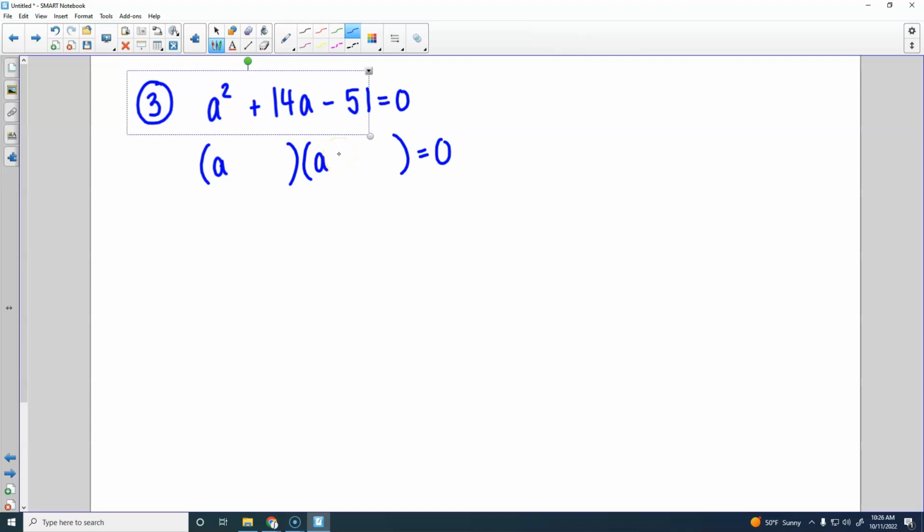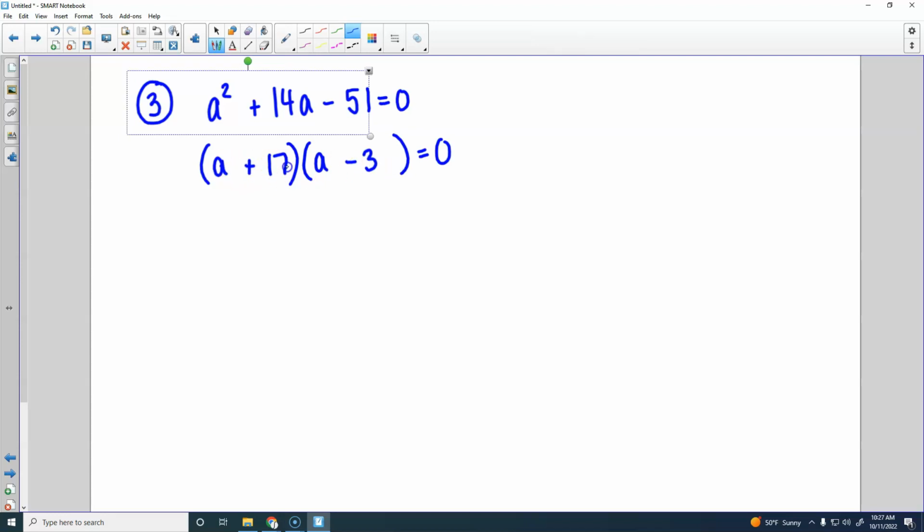Yes. Why not? Yeah. So I know. Sometimes the other problem with factoring is sometimes you just don't see the right combination. All right.